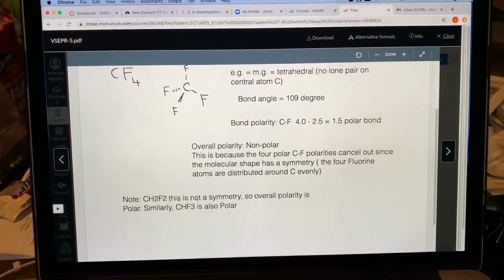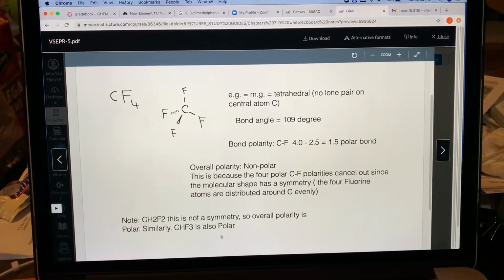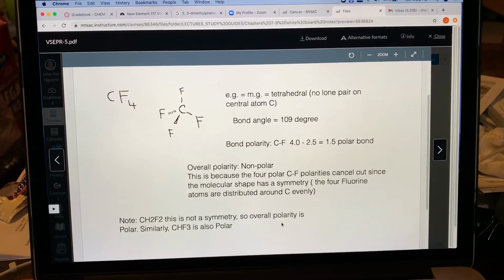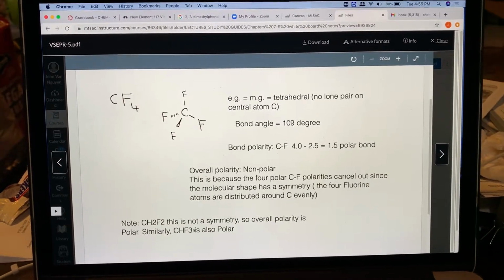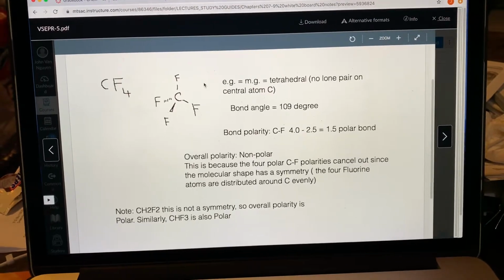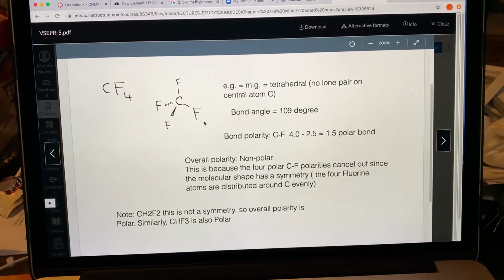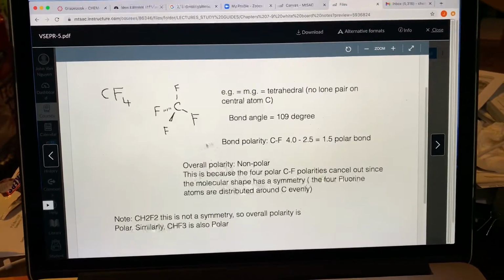It looks like it, but it's not, because we're talking about 3D right here. So overall polarity is polar. Same for CHF3. The only time you can have a symmetry is when you have 4 identical, 4 of the same kind.